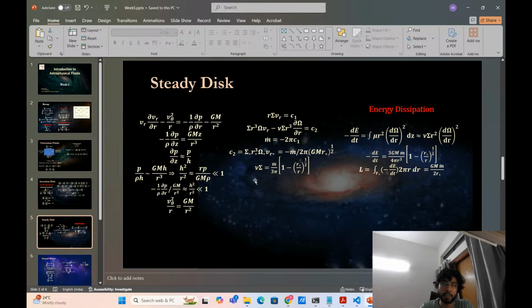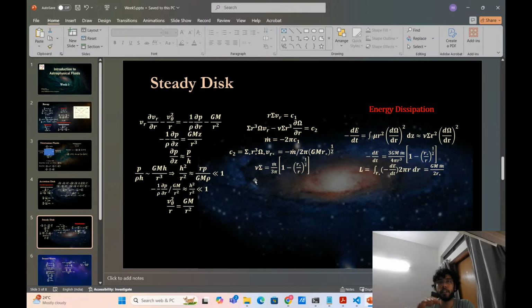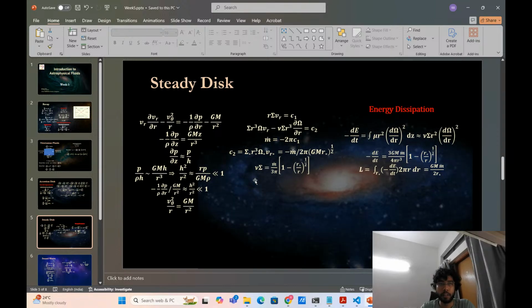Because one layer is going over the other and there is some energy that is getting dissipated between the two layers, right? Because the layer with a higher velocity will try to drag the layer with the lower velocity, and in doing so it is doing some work. It is expending some energy, right?